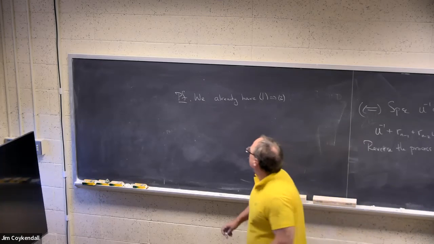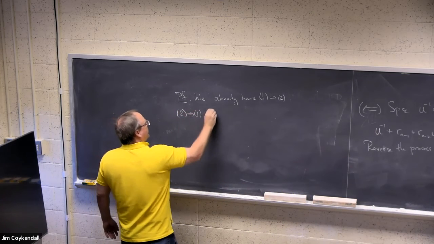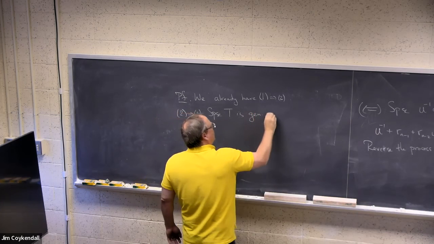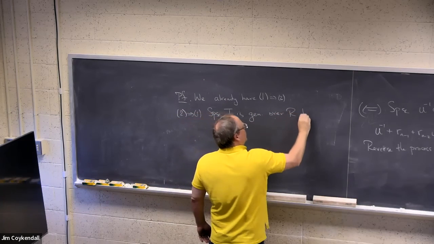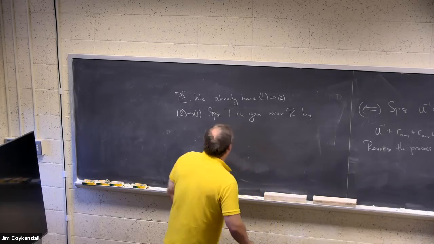Suppose T is generated over R by, let's say, T1 up to Tn.